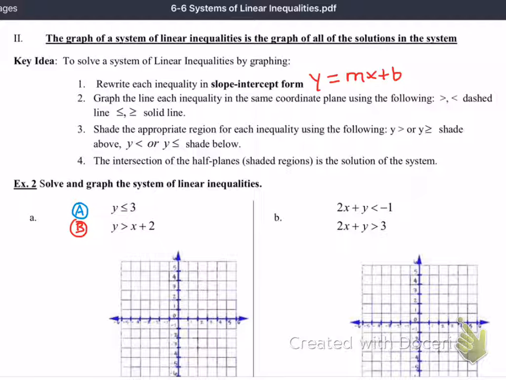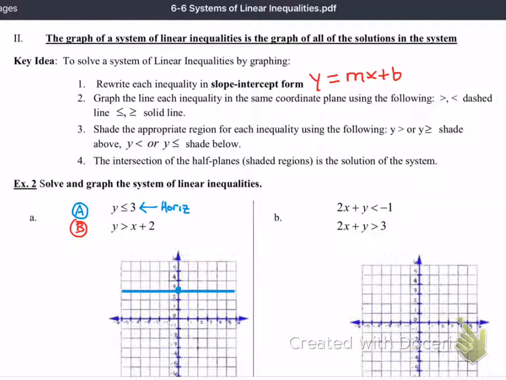So for A, y is less than or equal to 3. There's no x value, so this is actually a horizontal line at 3 on the y-axis. In blue, and it's going to be a solid line since I have an equal sign.